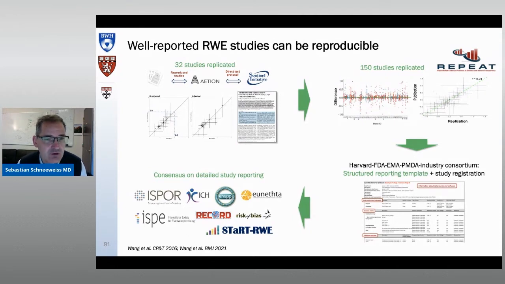So from that, together with regulators across the world and the industry consortium, we derived a structured reporting template of the parameters that we need to know to fully understand what the investigators did, because only once you understand what was done can you make an assessment of the validity of the study, which we ultimately want to do. And there are a lot of professional societies and others involved in this standard setting process. And that is quite active right now and really, really important. Next slide, please.